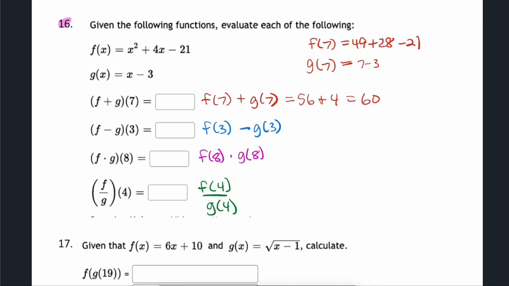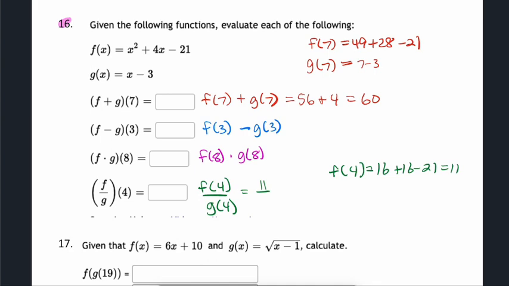Okay. Let's do the bottom one. F of 4 is 16 plus 16 minus 21. So that is 32 minus 21. Is that 11? 32 minus 21, I think that's 11.